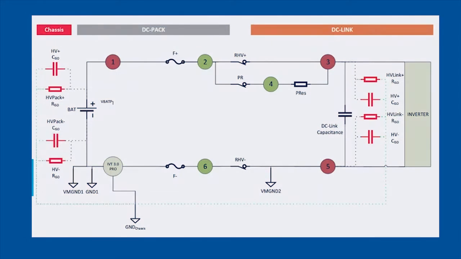You can see here a simplified block diagram of an electric vehicle high voltage battery circuit. Up top you can see there are those 3 areas: chassis, DC pack and DC link. We will be mainly concerned with DC pack and DC link for the discussion of how to place the high voltage sensing points in your circuit.